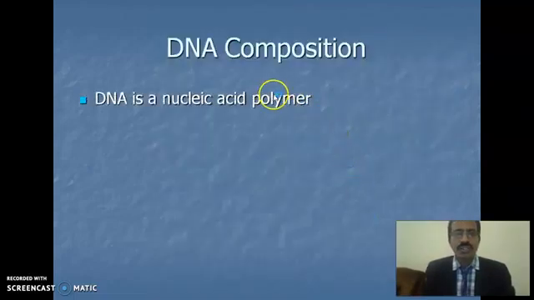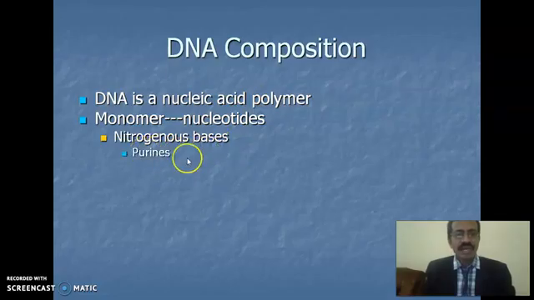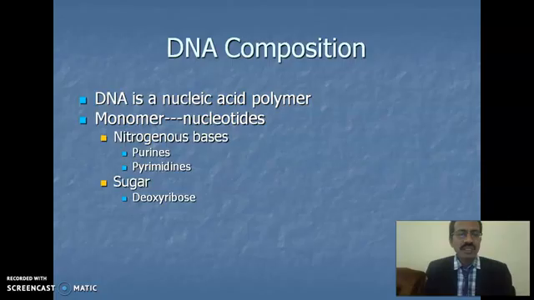And DNA composition. DNA is a nucleic acid polymer and the monomers of the DNA are called nucleotides. In each nucleotide, we can observe nitrogen bases like purines and pyrimidines, and also there is a sugar compound that is called deoxyribo sugar. Here, ribose is a pentose sugar.